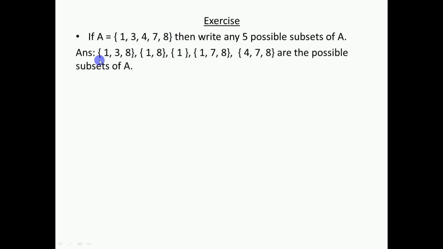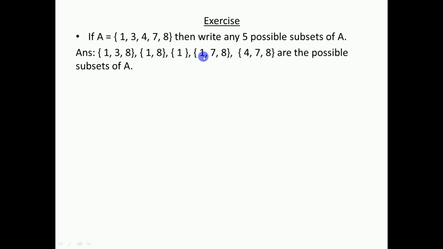So here is the answer. The first subset can be 1, 3, 8. You have to make the subsets having elements present in the set A. So I have taken only 1, 3, 8. Then in the second set I have taken 1 and 8. In the third set I have taken only one element, which is 1.